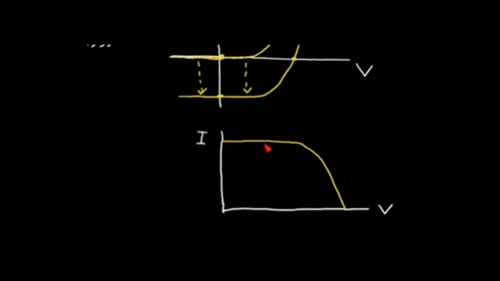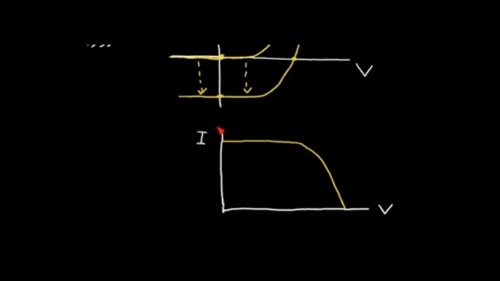And we'll get this current versus voltage curve for the solar cell. Now, if we decrease the light intensity, this curve will move down. So let's undo that. Now, if we increase the light intensity, this curve will move up. It'll produce more voltage and more current.